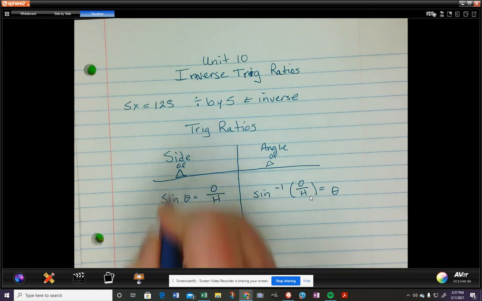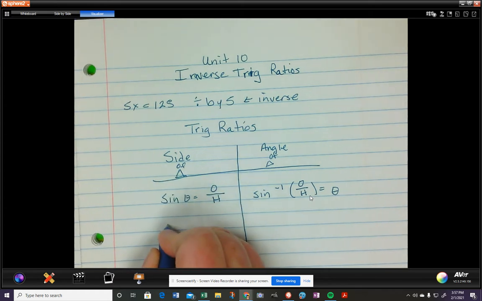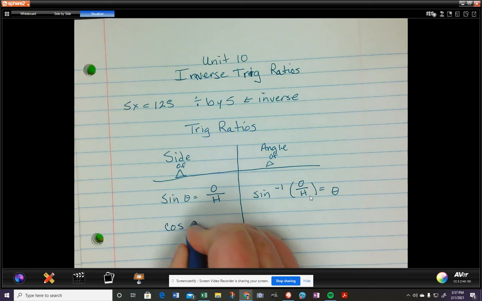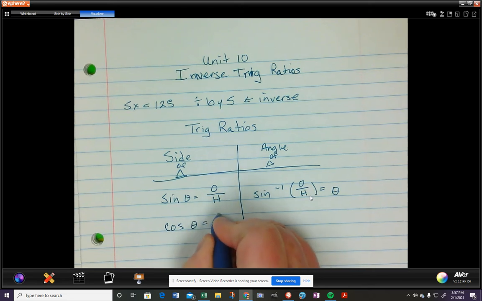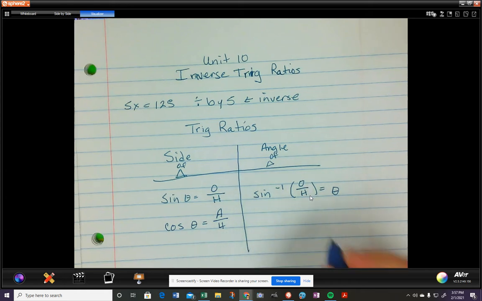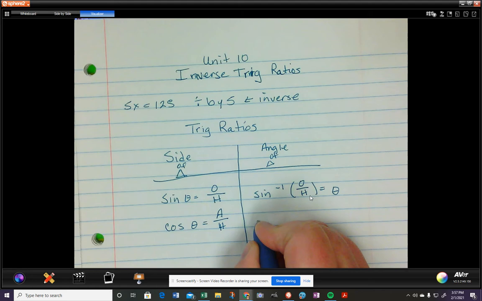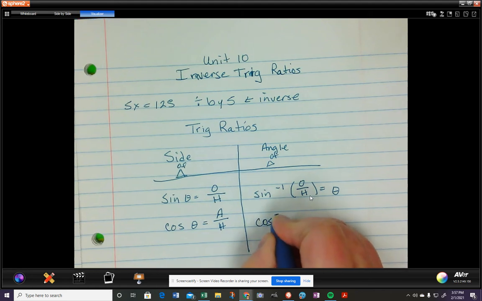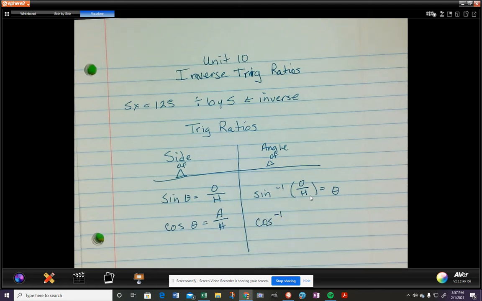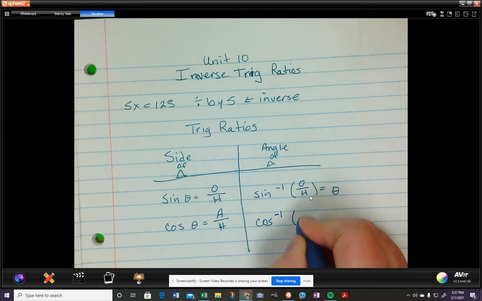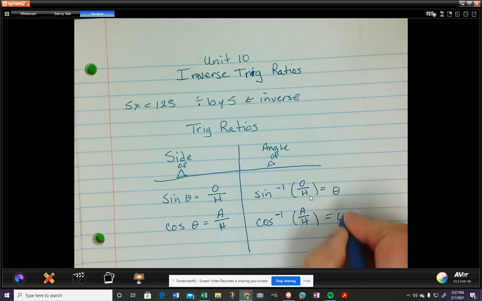What about cosine? If I want to know the side, I'd use cosine theta equal adjacent over hypotenuse. And if I want the angle, I would do cosine -1, the inverse of adjacent over hypotenuse, equal to theta.